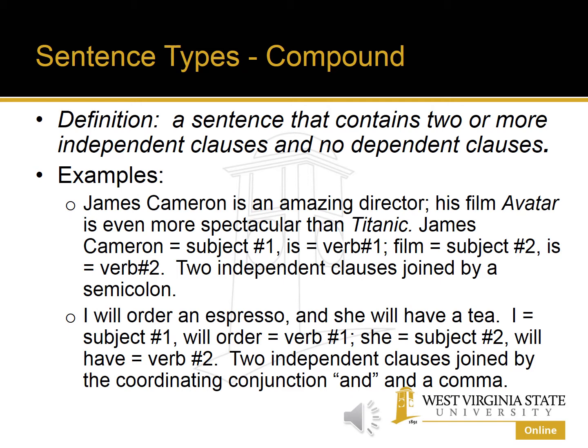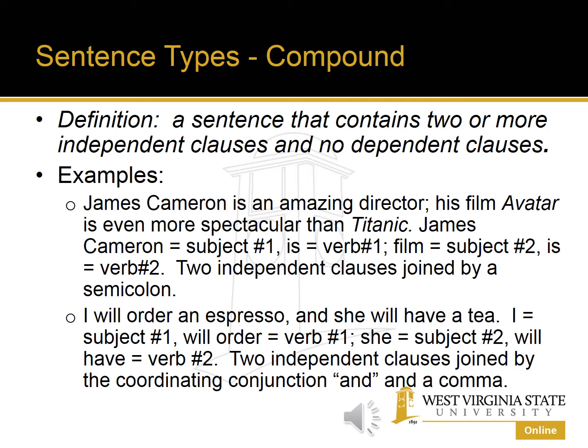All right, we have here James Cameron is subject number one. Is is the verb number one. In the second independent clause, film Avatar is the subject, and is is the verb number two, and we have them joined by a semicolon.